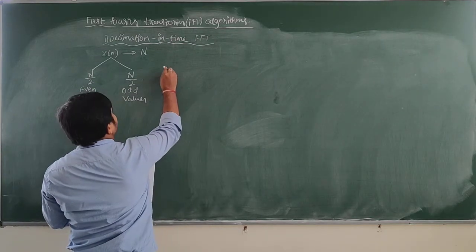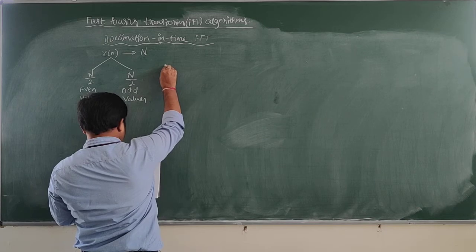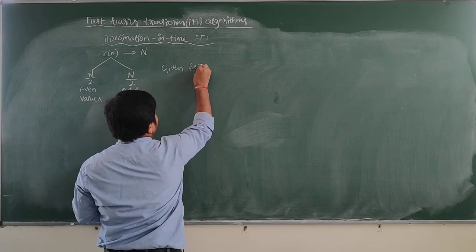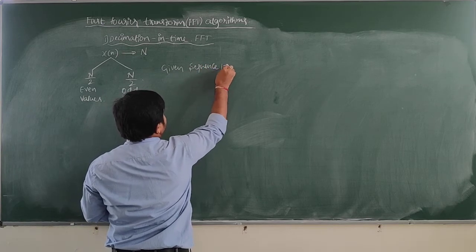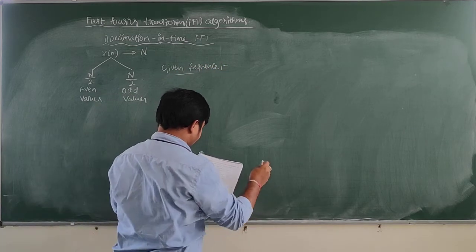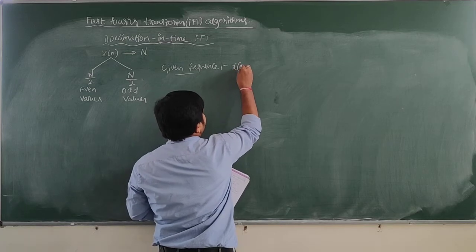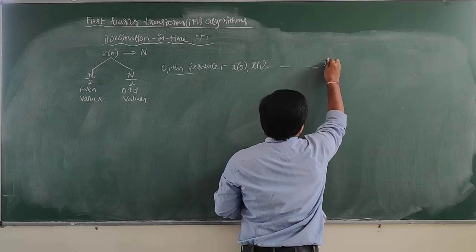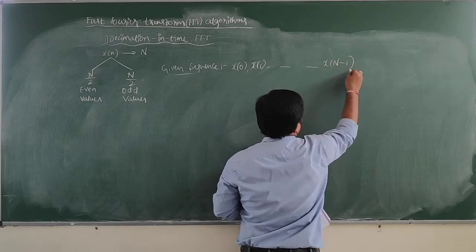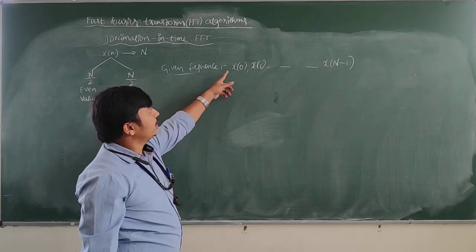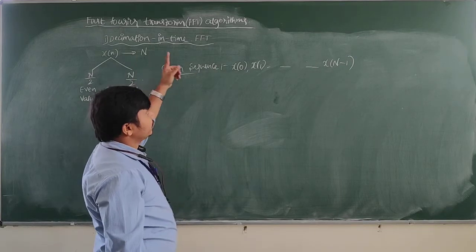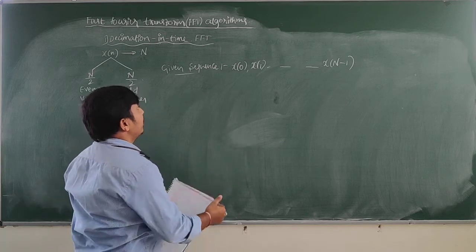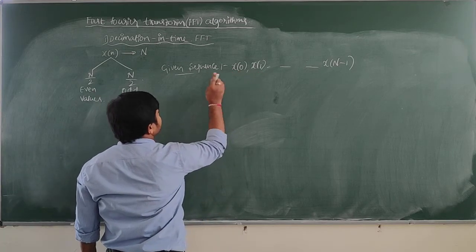Say the given sequence is x of 0, x of 1, and so on up to x of n minus 1. This is my input sequence x of n, and its length is equal to n. Now I am splitting this x of n into two sequences.